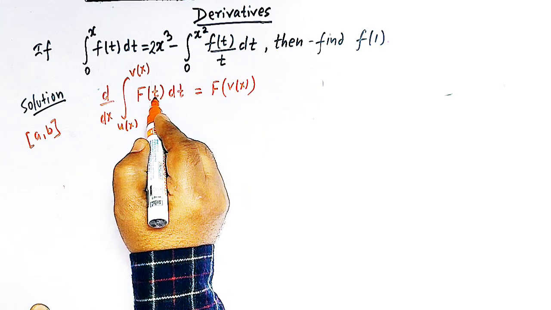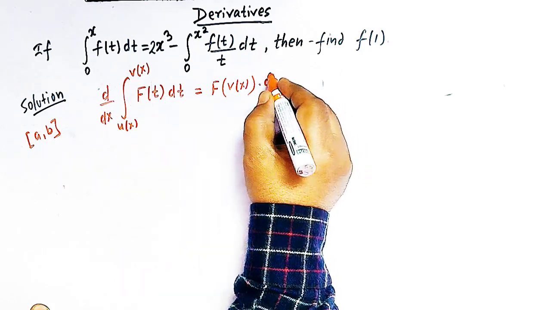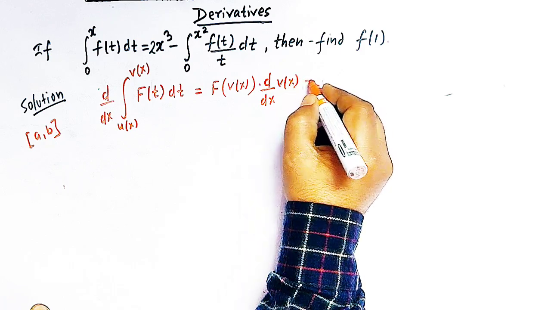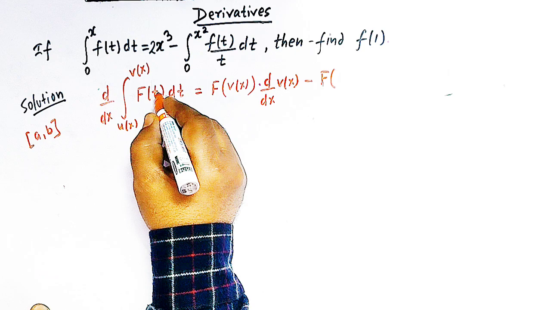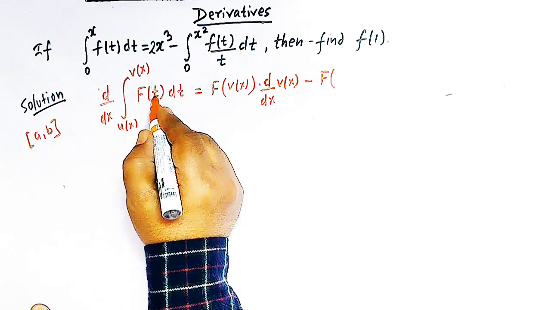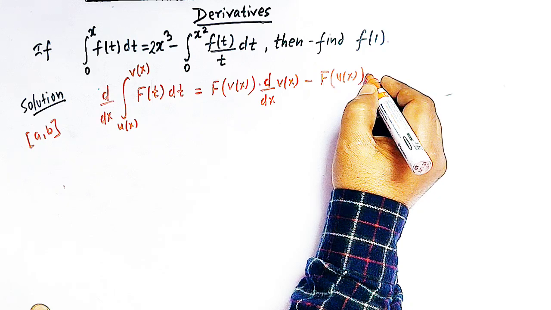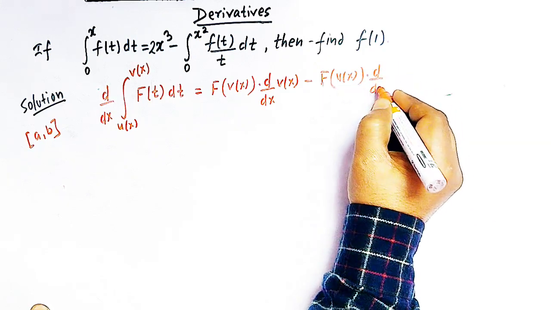That is, first we'll replace this t by v(x), and then we write d/dx of v(x), and then we have a negative sign. Then we have f(u(x)). That is, now we'll replace this t by u(x), and we multiply this expression by the derivative of u(x).